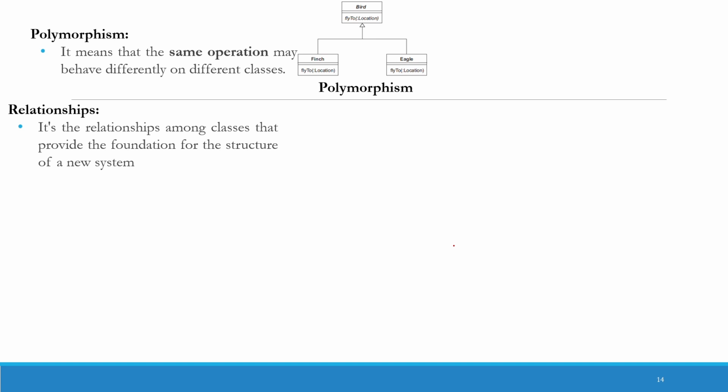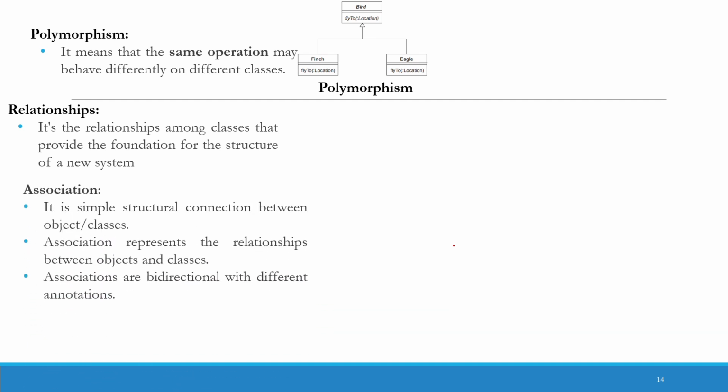A relationship could be a simple association, a simple structural connection between objects and their classes. That means two objects may relate to each other, maybe they will separate later on, nothing will happen, they can exist, because it's a simple structural connection. Maybe you will drive with your passengers, and later on your passengers may be dropped off, they leave your car, so you can exit the object.